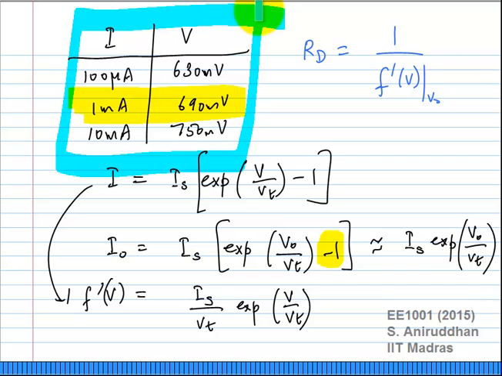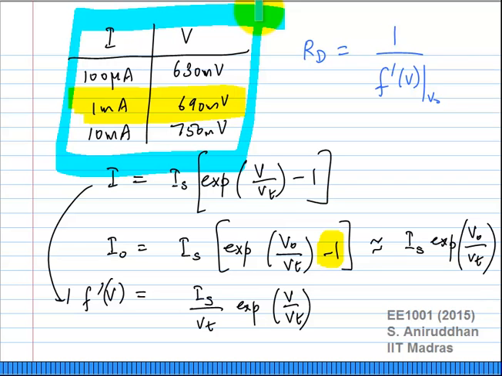The current is going from some value to 100 times its value, while the voltage is changing by around 120 millivolts, so 15% or 20%, for a change in current of 2 orders of magnitude. Do you expect this? Of course, this is an exponential relationship. A very small change will actually give you a very large change in the output.